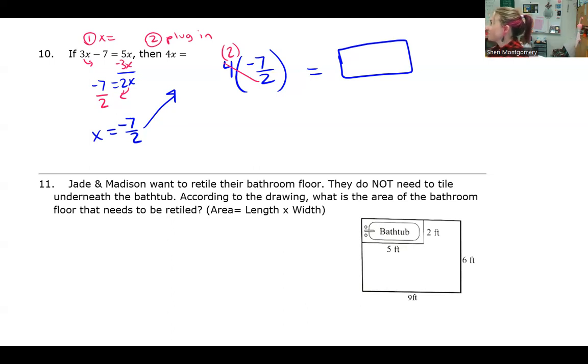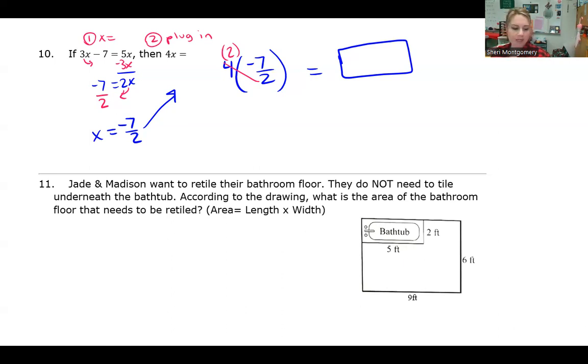Very good. If I did just mix those two areas together, it'd be 4 times 2 is 8. But it wouldn't be 6 because you're taking off. Good, very good.